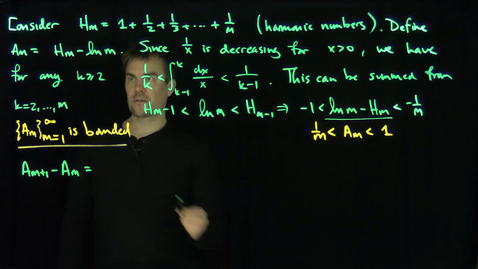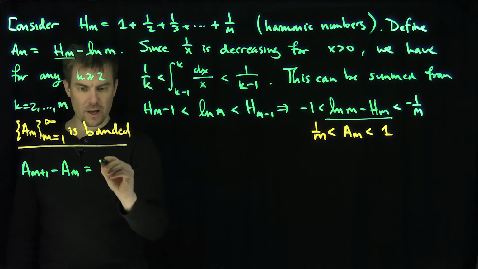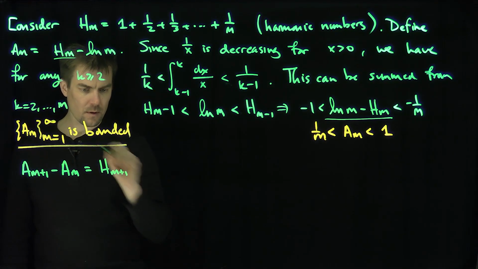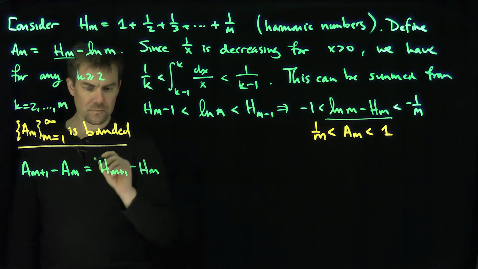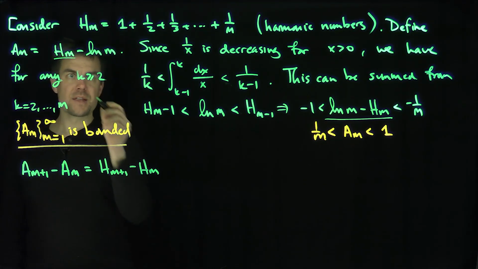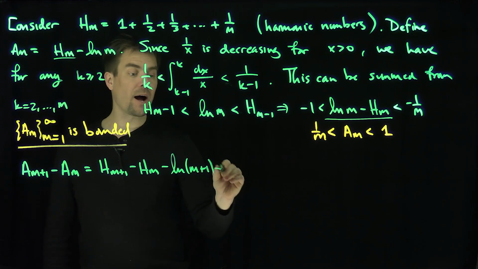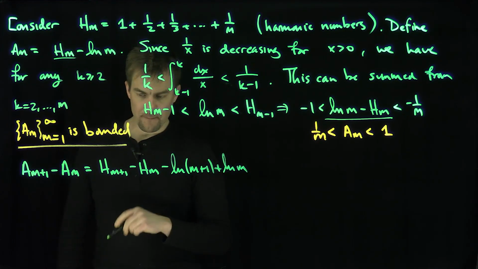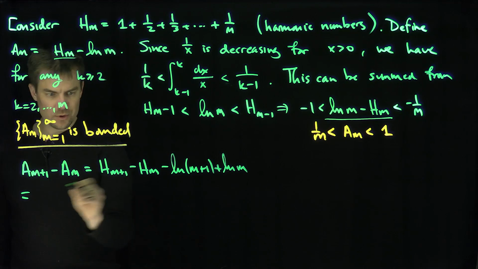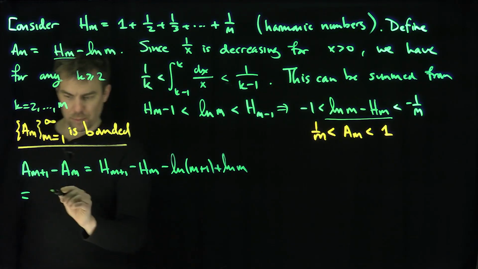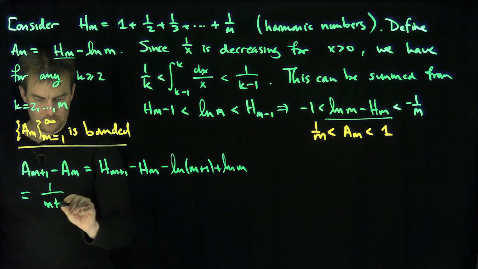Well, let's see what's going to happen. I'm going to have H_{m+1} minus H_m, and then a negative natural log of m plus 1, then a positive natural log of m. And so these first two numbers are just going to be 1 over m plus 1.